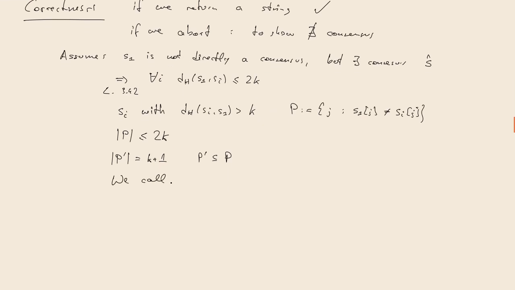Now we call one of these positions that we check, a position J, correct, if J is in the set of positions P1, which is all the P so that the first string at that position is different from this, so it's in the set P. And we're moving closer to our actual consensus.